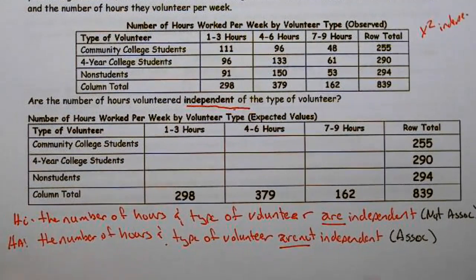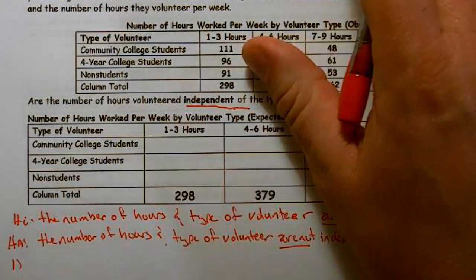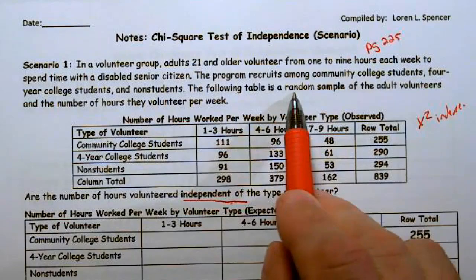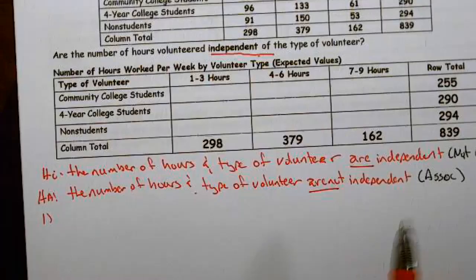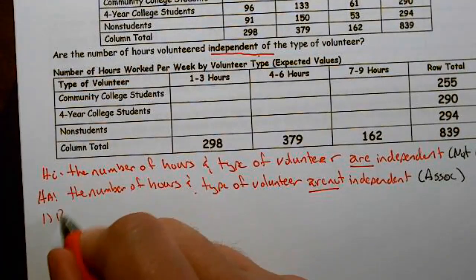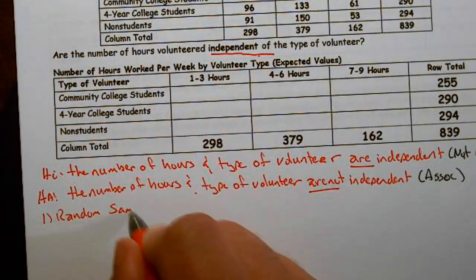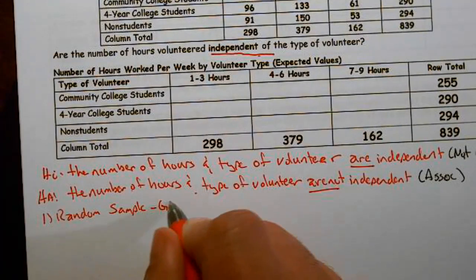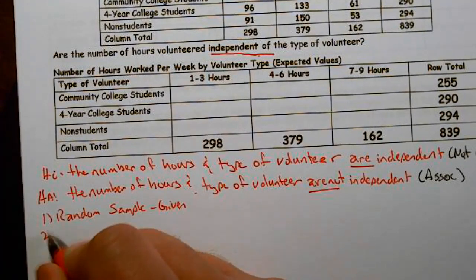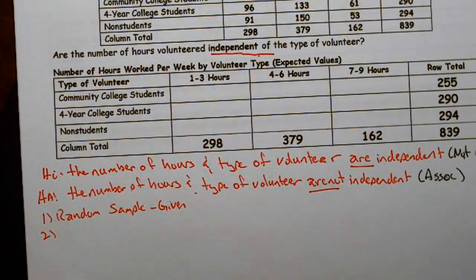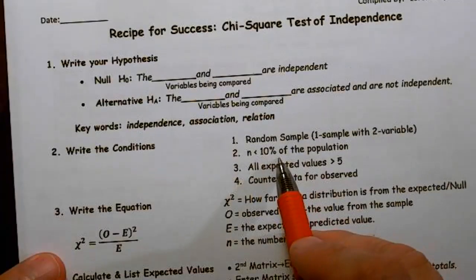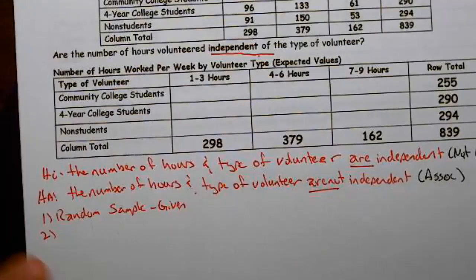All right, so conditions. Fortunately, they told us it was a random sample. That was nice of them. Random sample given. I know I didn't include this in the goodness of fit, but I should have: N needs to be less than 10% of the population.